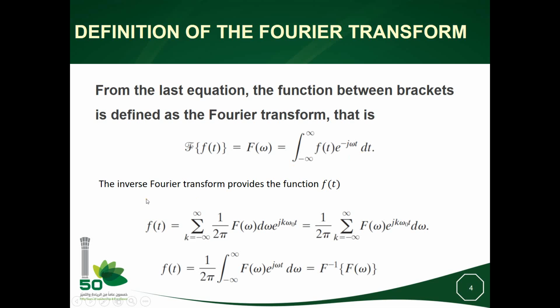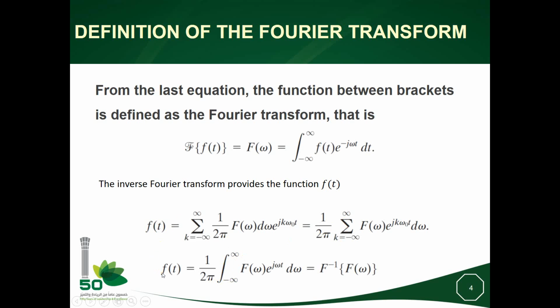And from the Fourier series definition, we have f(t) equal to the discrete sum from minus infinity to plus infinity of 1 over 2 pi, and the term between brackets, which is the c_k, is now replaced by this term F of omega, times 1 over 2 pi d omega, and of course I multiply it by exponential j k omega 0 t. k omega 0 will be replaced by omega, we see it here, and the discrete sum will be replaced by a continuous sum from minus infinity to plus infinity.